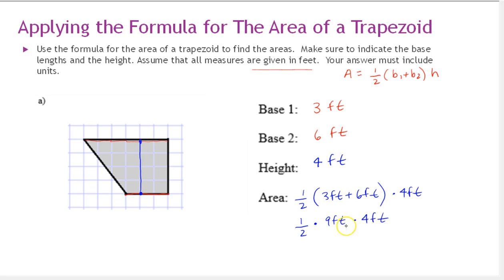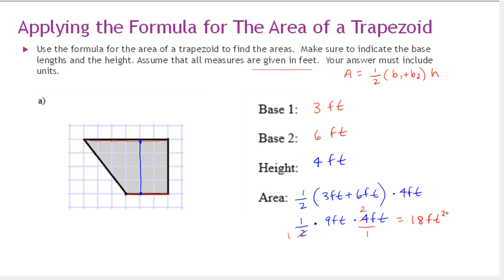And at this point, if there's an even number, I usually use it to cancel out a factor. So since this is multiplication, it doesn't matter what order we multiply in. So I would think of this as 2 and 4 have a common factor of 2. Okay. And then we have 1 times 9 feet times 2 feet, which equals 18 square feet.